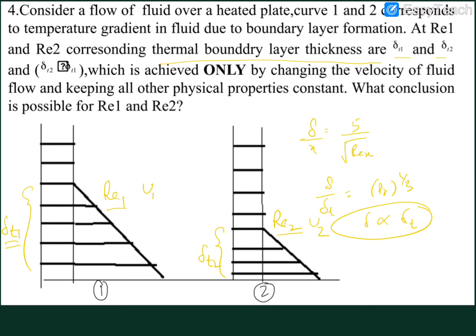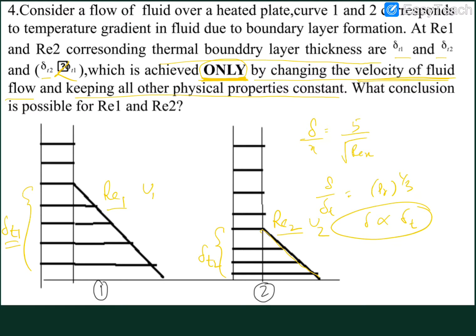So obviously you can see the relationship given is that delta T1 is greater and delta T2 is smaller. This thickness is smaller, which is achieved only, see here in block letters, in GATE paper block letters mean it wants to say some specific message, that is, only by changing the velocity of fluid flow, keeping all other physical properties constant.